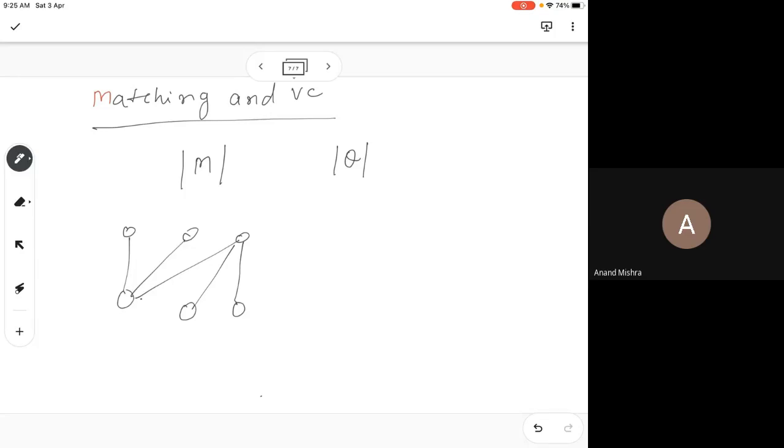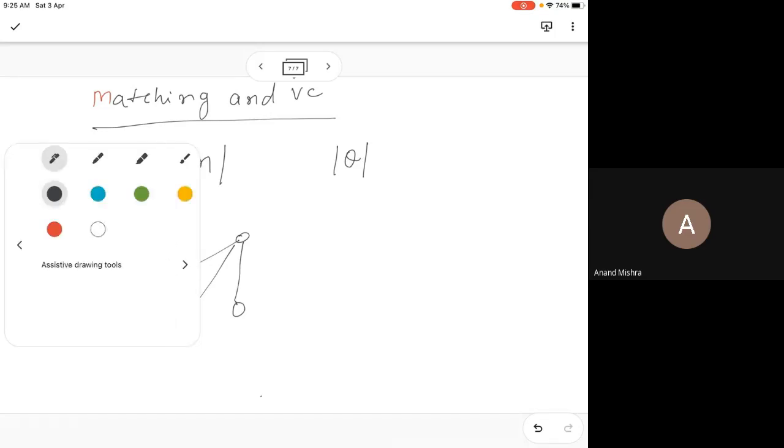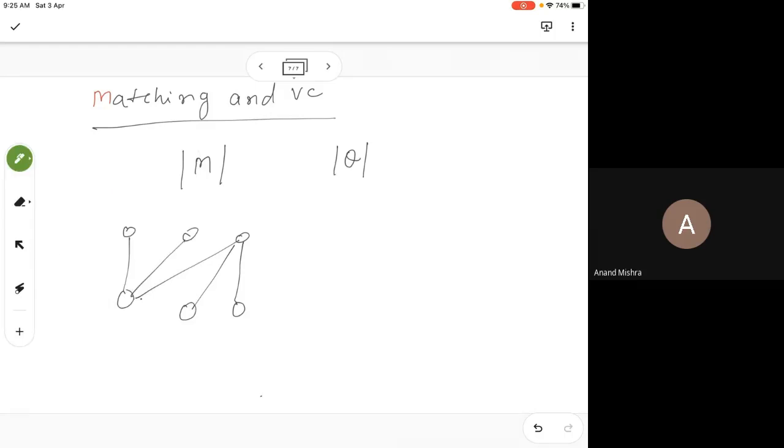let's say I choose this one, using the green color again. If I choose this one, then I cannot choose any of them, right? So this is size one. But at max, I can do two.